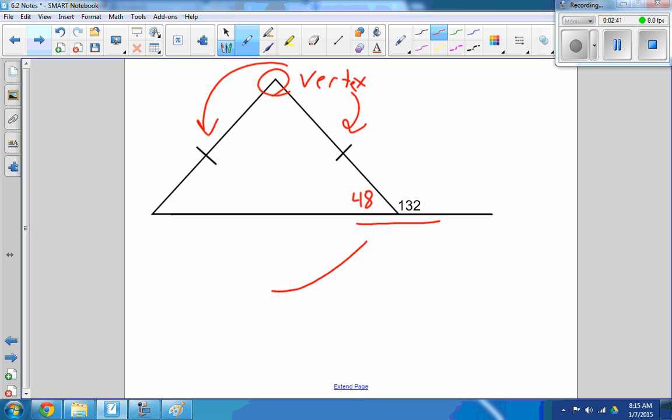So these have to be the base angles, which means they're congruent, so that has to be 48. And then to find the vertex, we know all three angles of a triangle add up to 180. So 48 plus 48, that's 96. So this has to be 84.